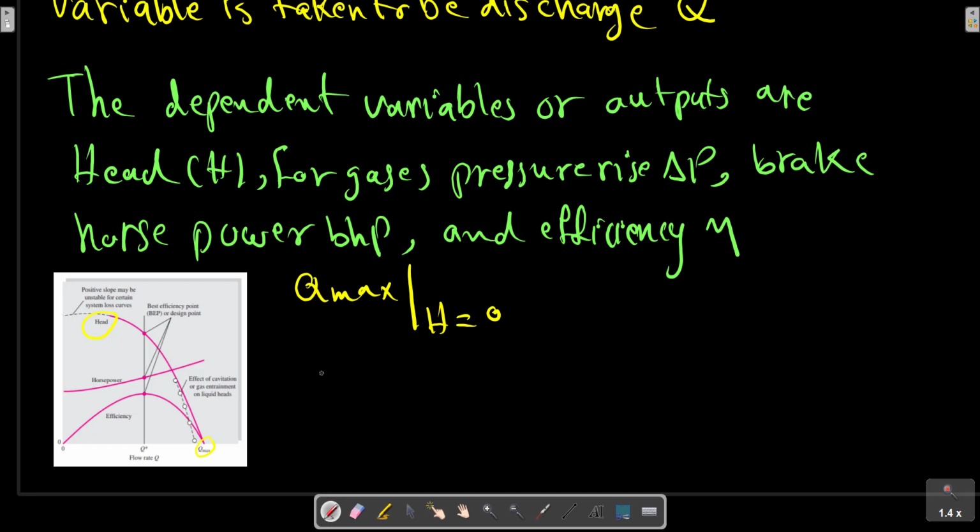At this speed and impeller size, the pump cannot deliver any more fluid than Qmax. The positive slope part of the head curve is shown dashed. As mentioned earlier, this region can be unstable and can cause hunting for the operating pump. This area.